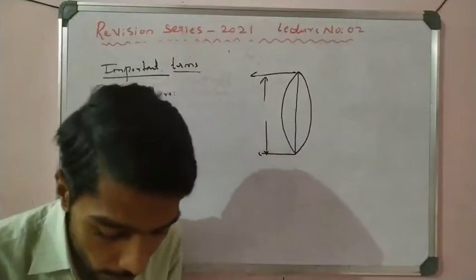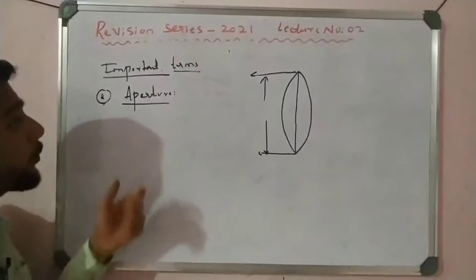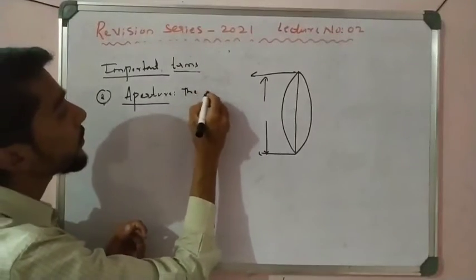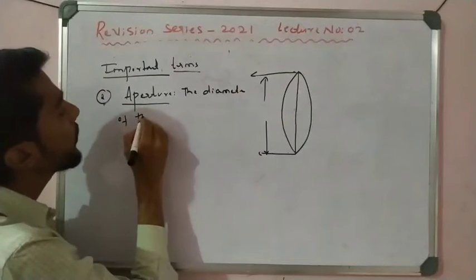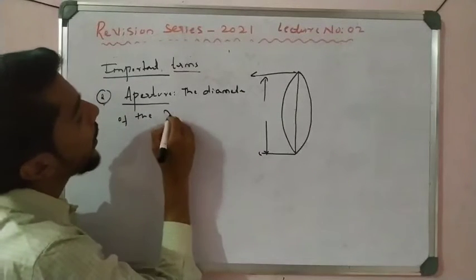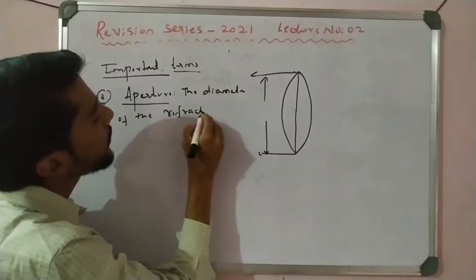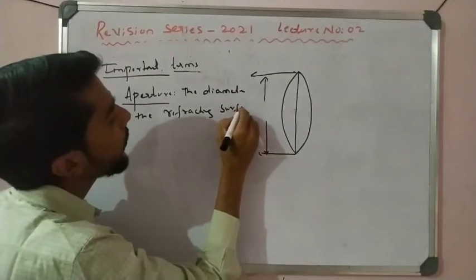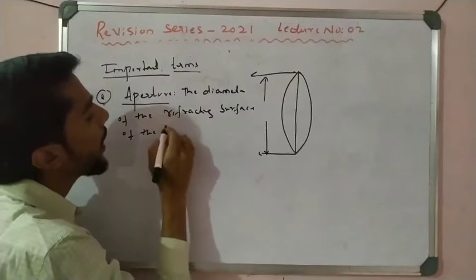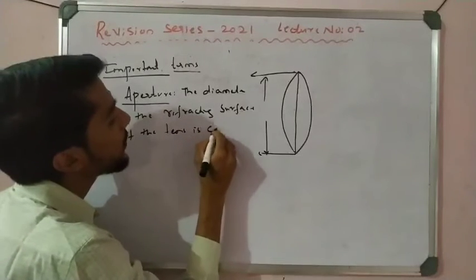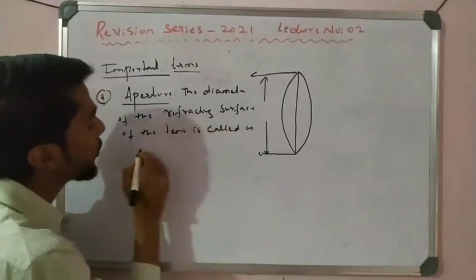You have to remember this point very carefully, right? So this is the second point: the diameter of the refracting surface of the lens is called the aperture.